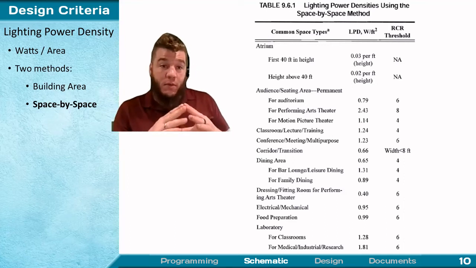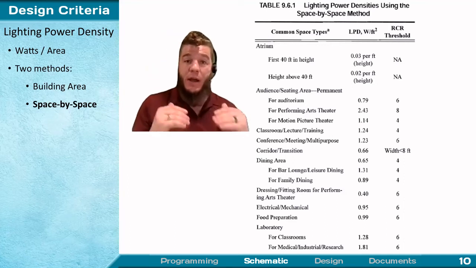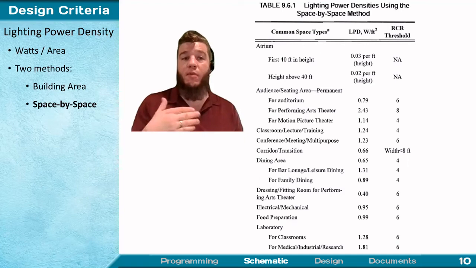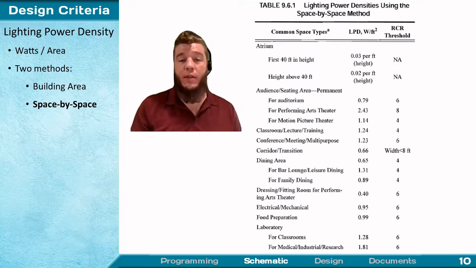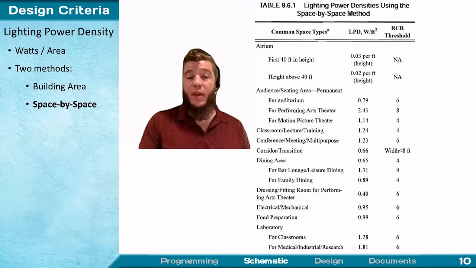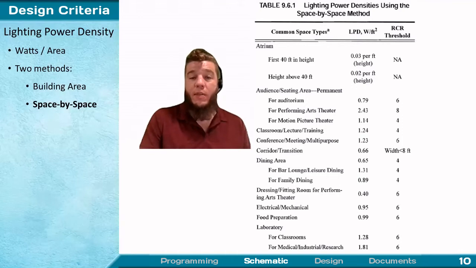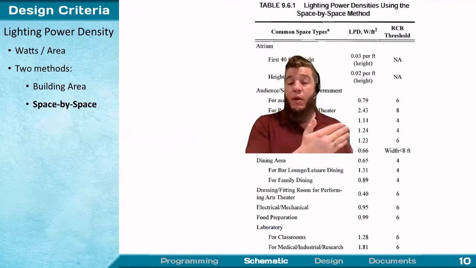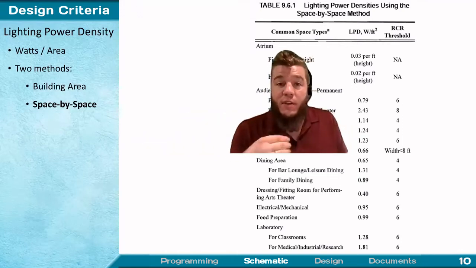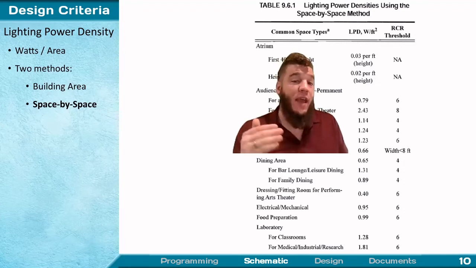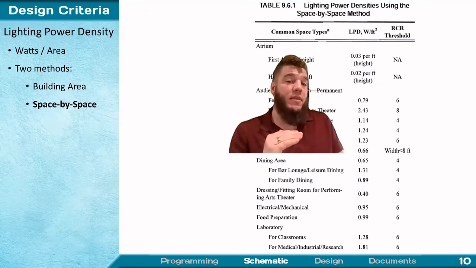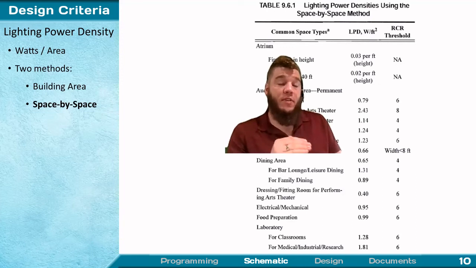What this is going to give you is a lighting power density limit in terms of watts per square foot. So what you need to do is take your space type, determine the square footage of that space type, then multiply it by your LPD value, and that's going to give you a value in watts. And that's the limit that you need to meet with your lighting design.